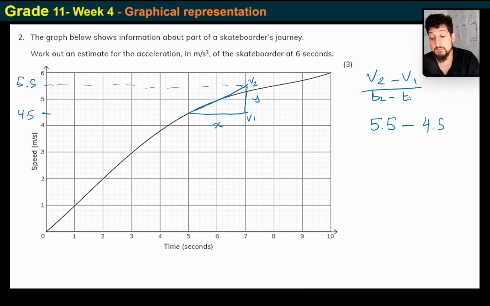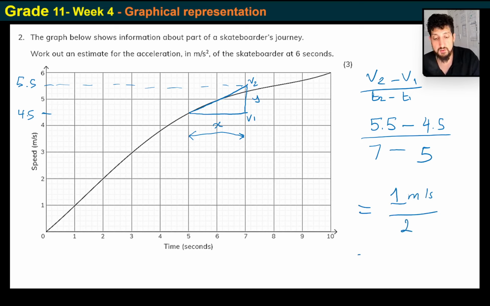And of course, the time is 2 seconds, 7 minus 5. So it's going to be 1 meter per second over 2 seconds, or half meters per second squared, or you can write it as a decimal if you prefer, half meters per second squared.